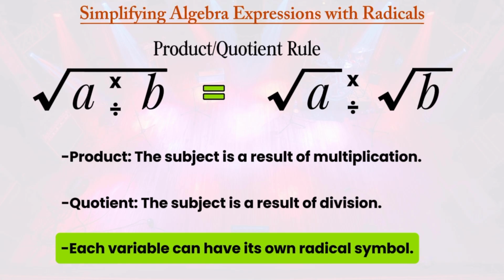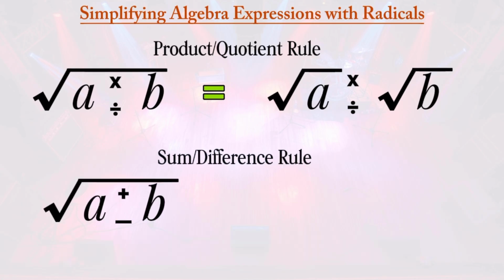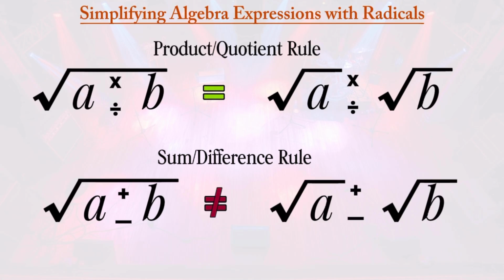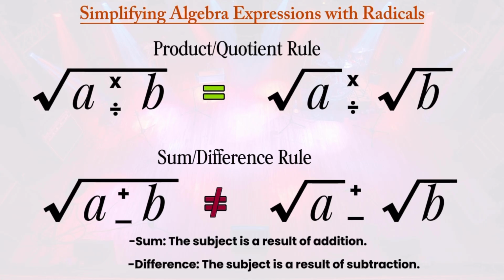Likewise, the square root of a divided by b is equal to the square root of a divided by the square root of b. With that being said, however, the square root of a plus or minus b is not equal to the square root of a plus or minus the square root of b. When the subjects being square rooted are sums and/or differences, each value does not get its own radical symbol. The subjects in this case stay unchanged.